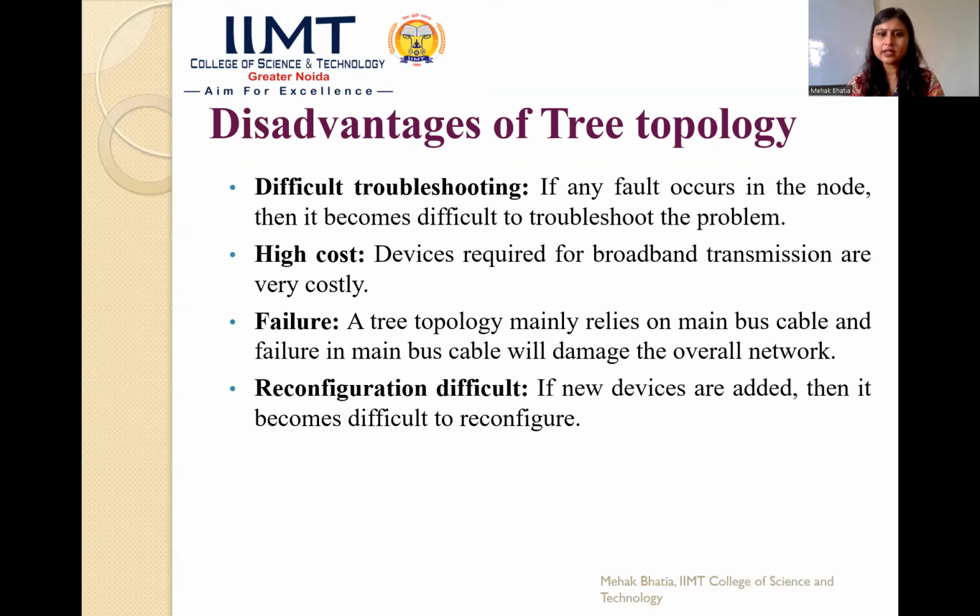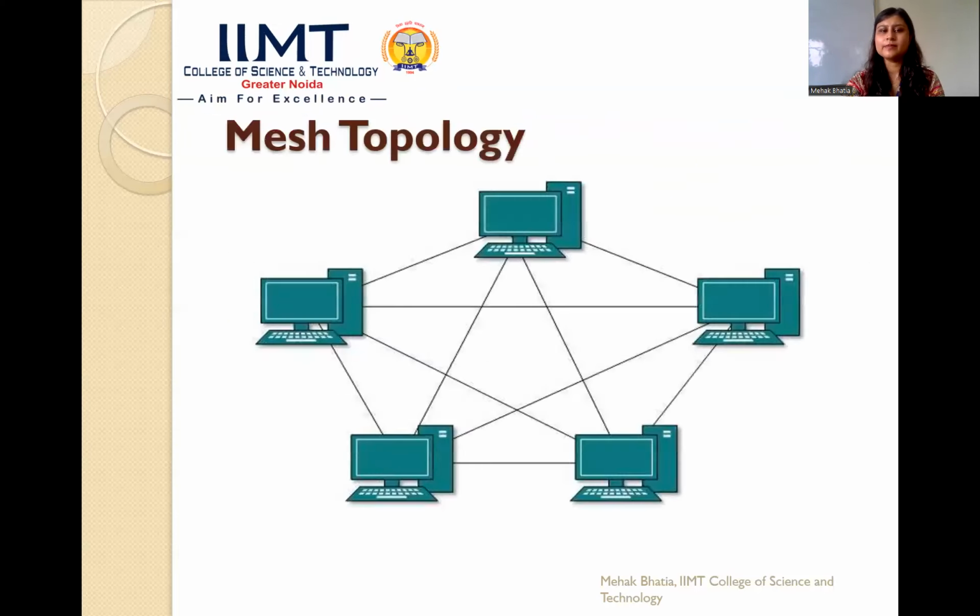Next is the failure. A tree topology mainly relies on the main bus cable, and failure in the main bus cable will damage the whole network. Next is the reconfiguration difficulty. If new devices are added, then it becomes very difficult to reconfigure.